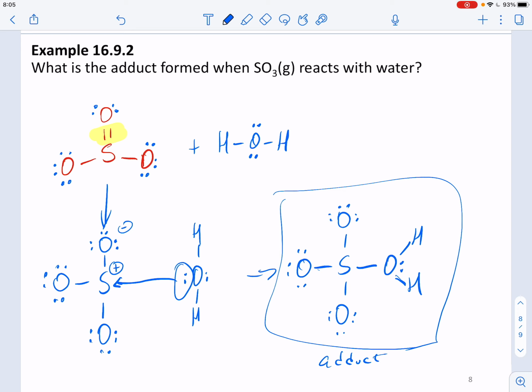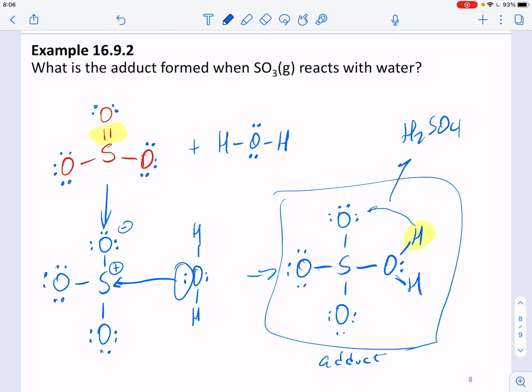Okay? Now, what's important to know about this? Well, that's not exactly the formula or the structure for a given compound, but this, through a couple of reactions that also involve Lewis acids and bases, becomes H2SO4. Okay, technically what happens here is that one of these protons ends up on the other oxygen.